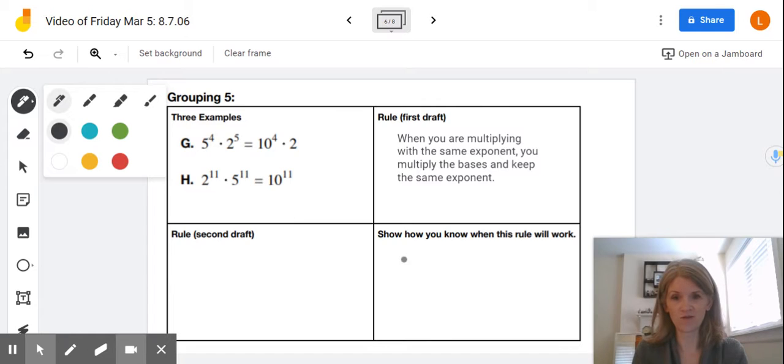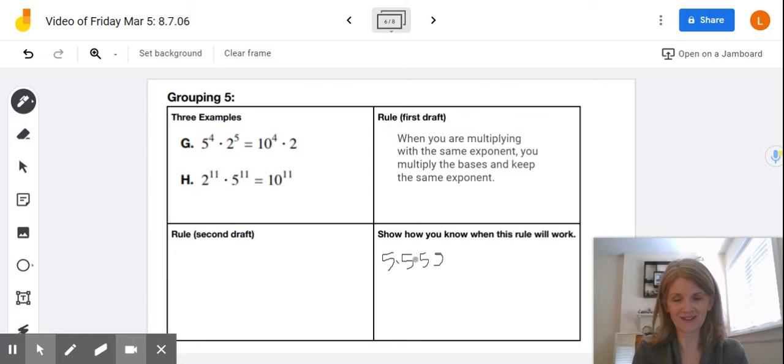5 to the power of 4, that's 1, 2, 3, 4 of these that we're multiplying together. I apologize, writing with a mouse is kind of tricky. All right. And then 5 twos.